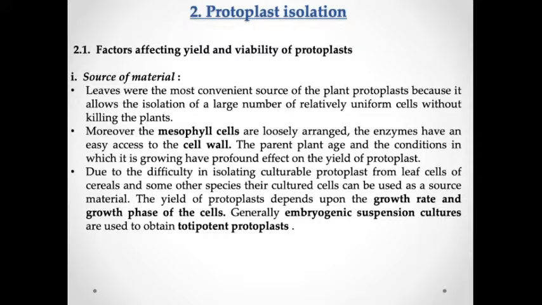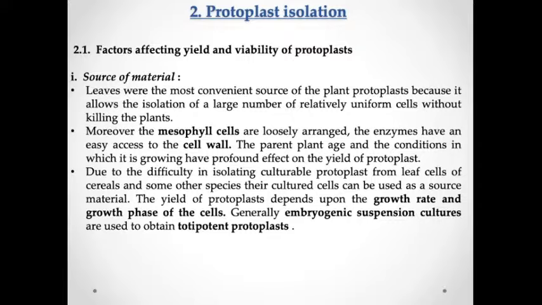So without killing the plant, from the leaf we can get a large number of protoplasts in quite an easy manner. Moreover, the mesophyll cells are loosely arranged, so enzymes have easy access to the cell wall. Mesophyll cells are the best ones for these experiments, and the parent plant age and the condition in which it is growing have a profound effect on the yield of protoplast.